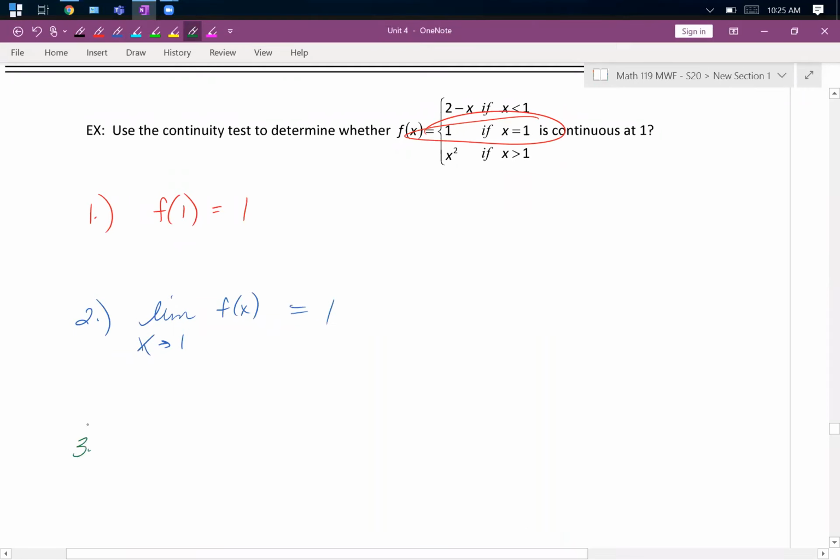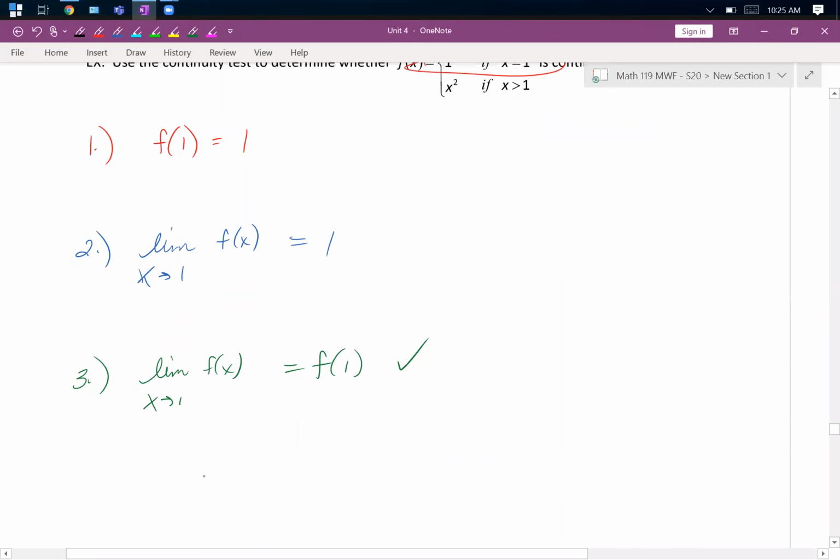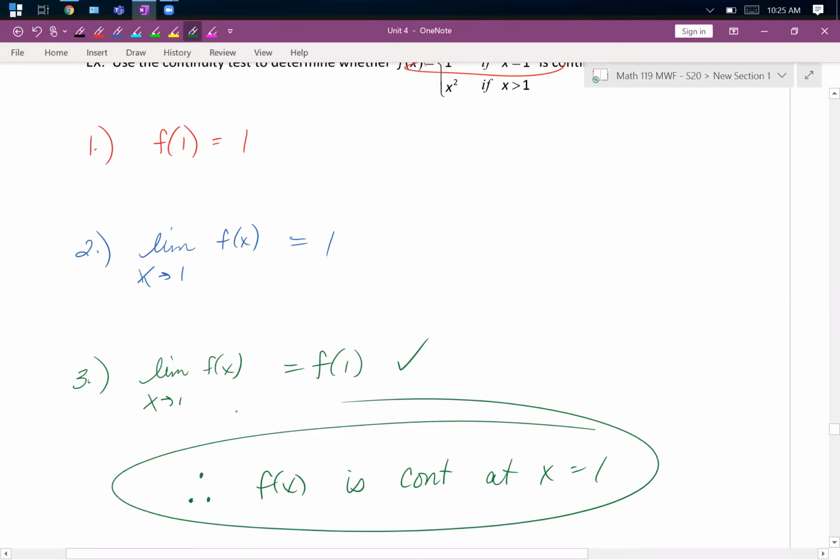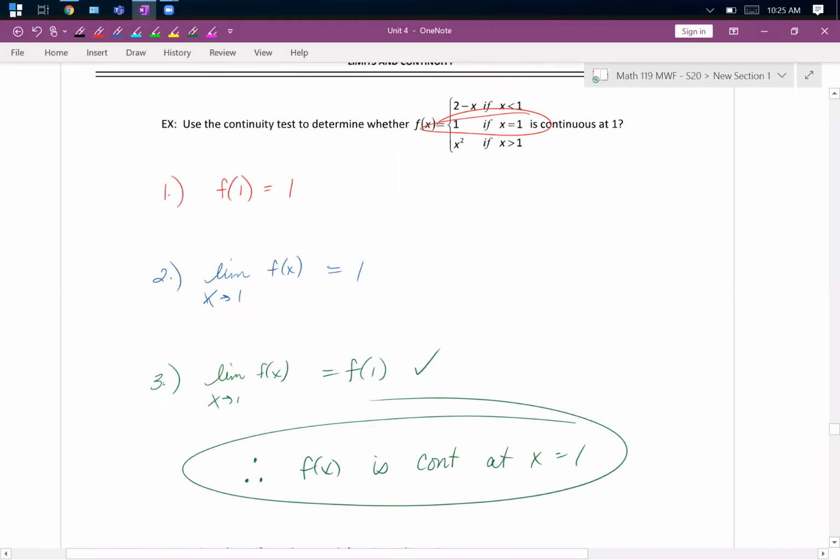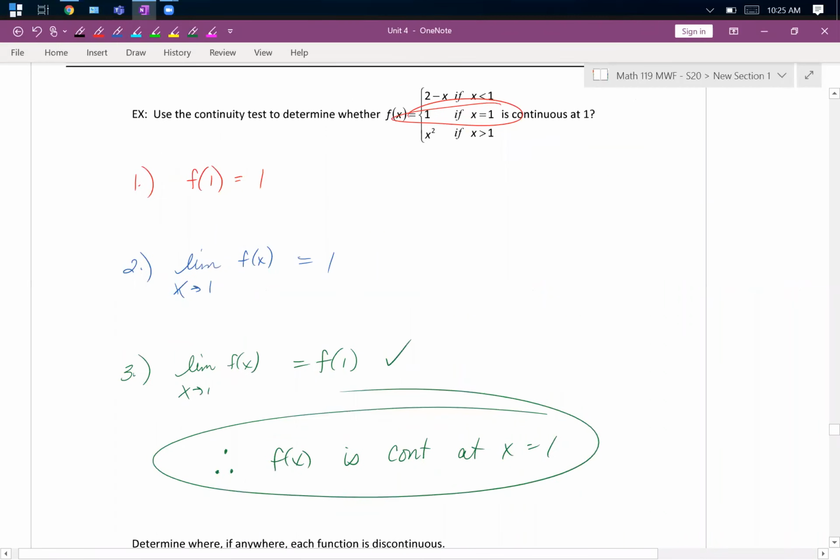And then lastly, we need to make sure that the limit as x approaches 1 of f of x is equal to f of 1, and it was. So we were able to conclude that f of x is continuous at x equals 1. Questions? Everybody seemed to be pretty good.